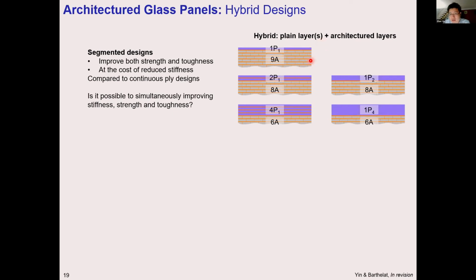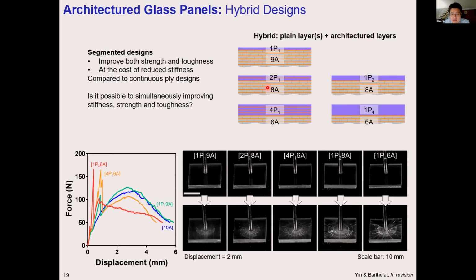So the most straightforward way is to replace them with plain glass. Although glass is pretty weak in tension, it is pretty good in compressive stresses. In this way, we substantially improve the strength as well as the stiffness of the glass panels, as we can see here.